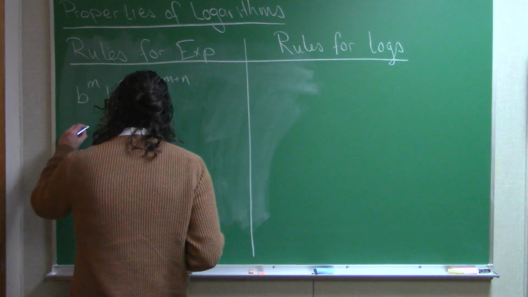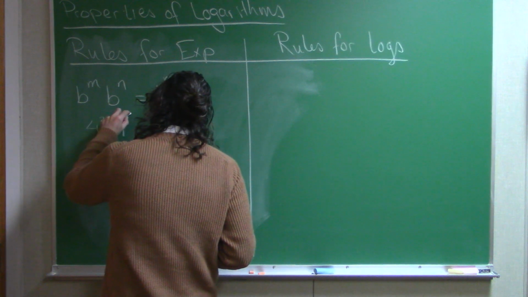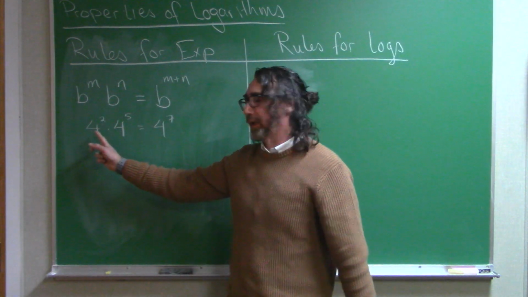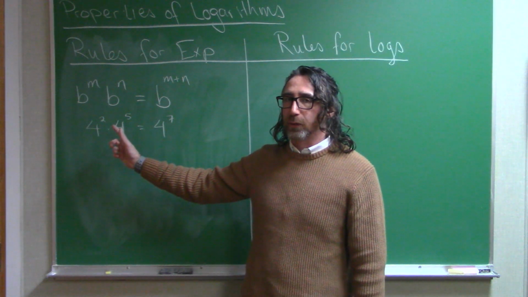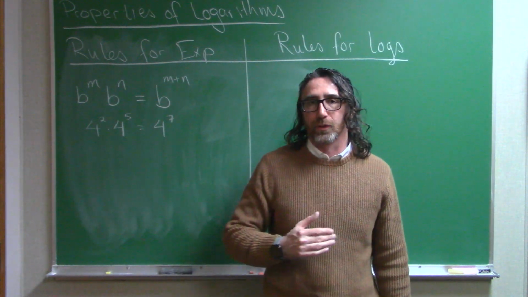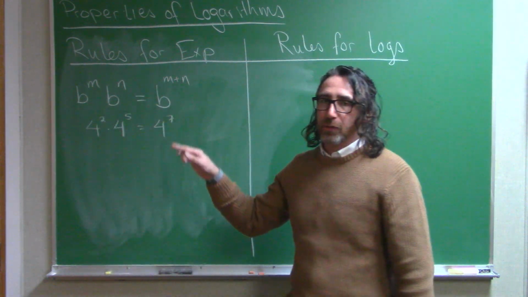And that's fairly straightforward, right? If I had 4 to the 2 times 4 to the 5, that would be equal to 4 to the 7, right? Because if I had 2 factors of 4, and then another 5 factors of 4, then I have a total of 7 factors altogether. So, multiplying, add the exponents.